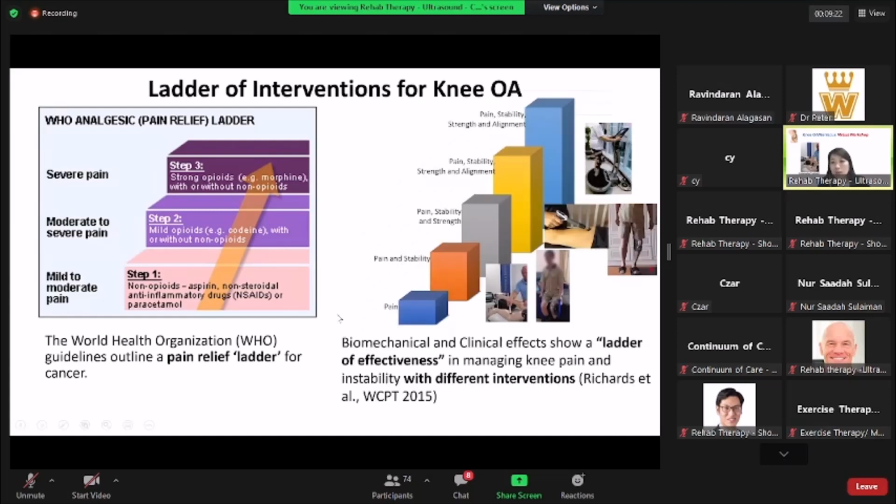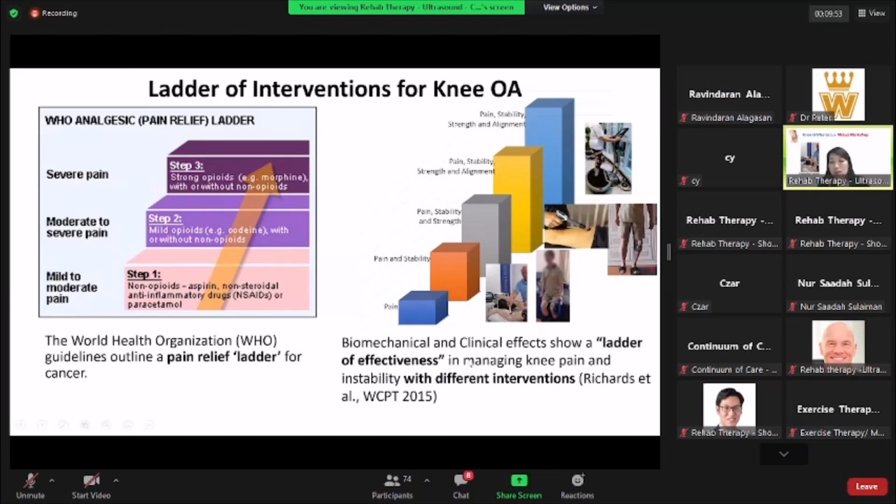Well, today's e-workshop is designed to show that physical painkillers, physical modalities such as bracing, ultrasound, shockwave, together with exercise and rehab, would be able to reduce some of the use of painkillers. This is proposed by Professor Jim Richards from University of Central Lancashire in the UK.